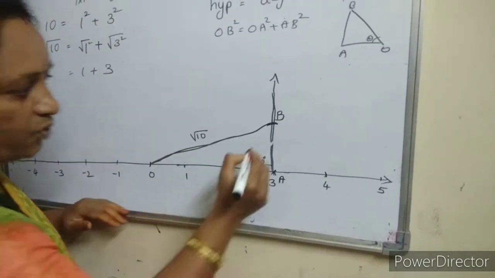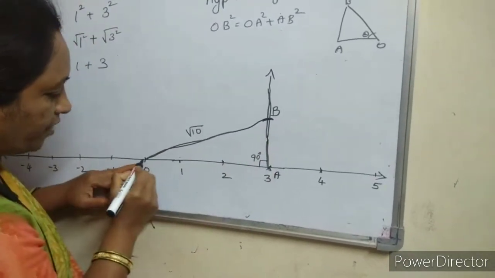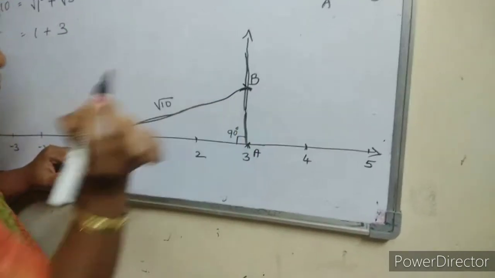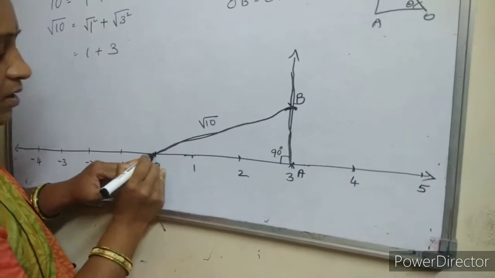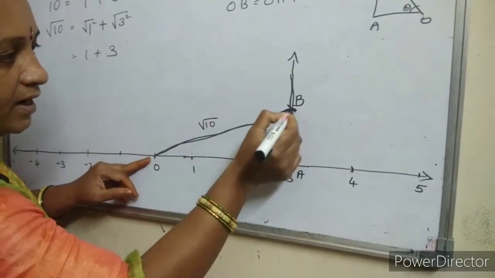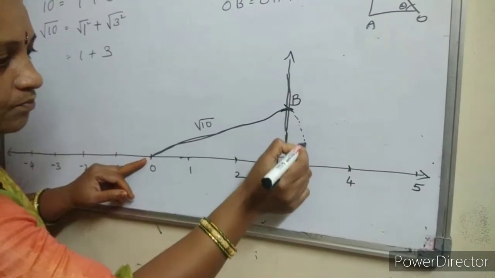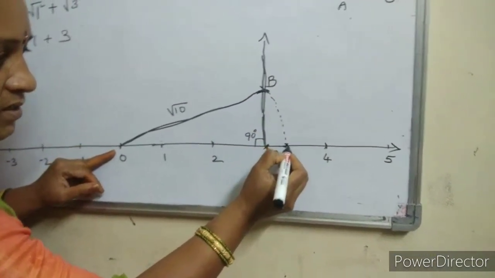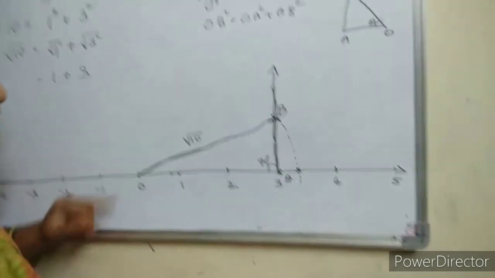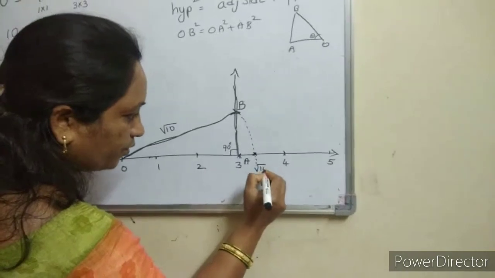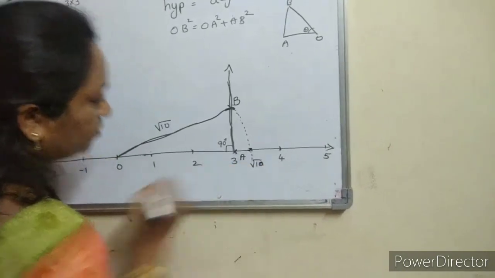After this, from here you have to measure up to here using your compass. Now from here to here you have to use your compass and extend your line like this. So it will touch the number line at that particular point. This is the exact position of root 10 on the number line.